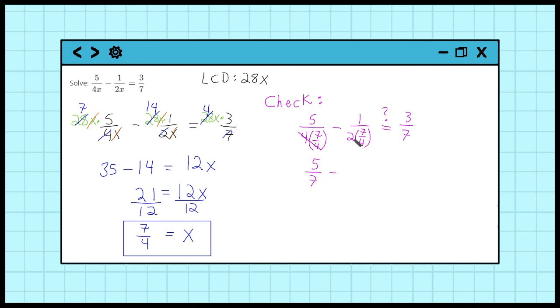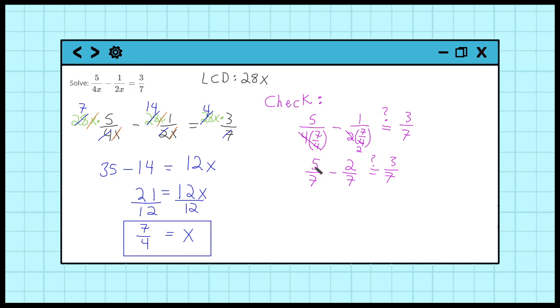Over here, my 2 and my 4 cancel to leave me with a 2, and 1/7 is 2/7. Again, if you did that on your calculator, you would see that. Notice I'm putting a question mark over the equal sign for each of these steps because I'm checking. I'm not saying they're true until I can see that they're true.